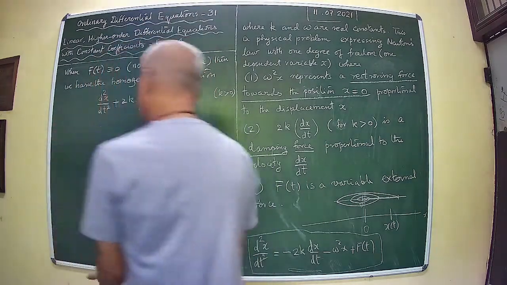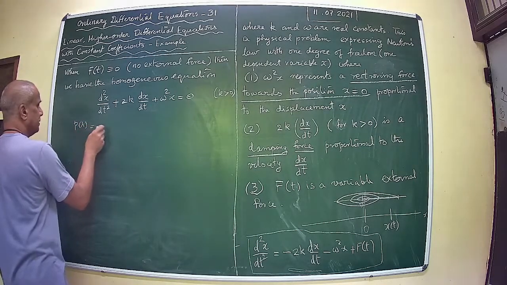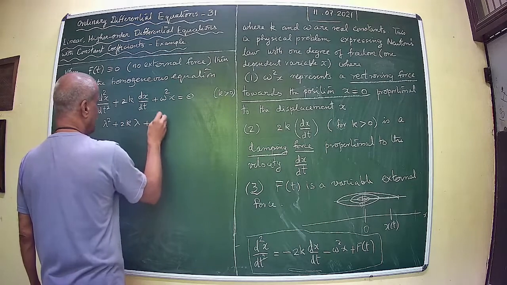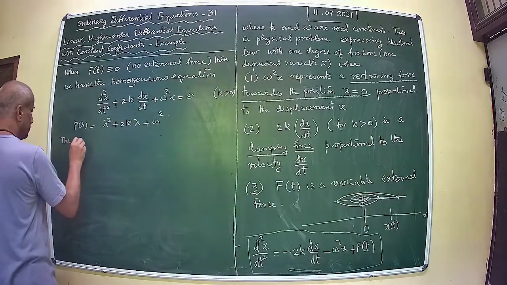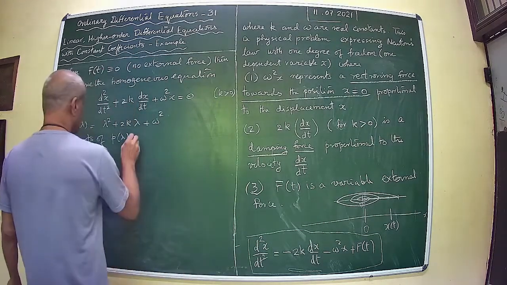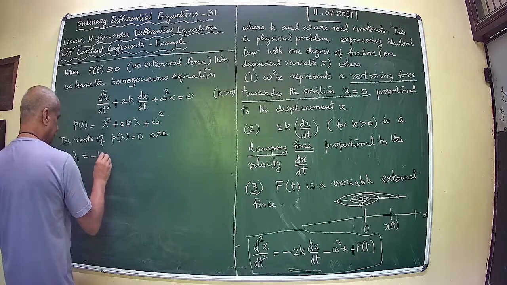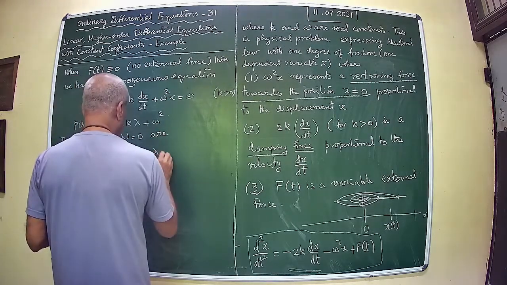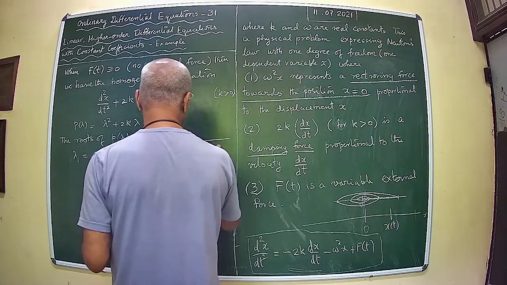This is a second order linear homogeneous equation with constant coefficients. So P(lambda), that is the characteristic equation, is lambda square plus 2k lambda plus omega square, and the roots of this are lambda 1 equal to minus k plus square root of k square minus omega square, and lambda 2 equal to minus k minus square root of k square minus omega square.